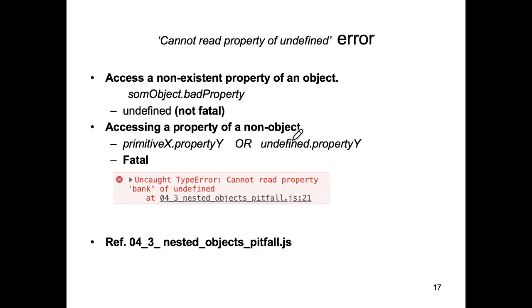Now, of course, undefined is a primitive value. So if you find yourself trying to access a property of the undefined value, equally, that will cause your application to crash. In other words, if I tag on property y up here, if I did dot property y, that entire expression will cause my runtime to throw an exception, and whenever an application throws an exception, it crashes or it's fatal.